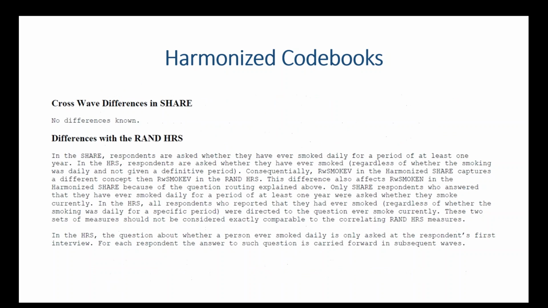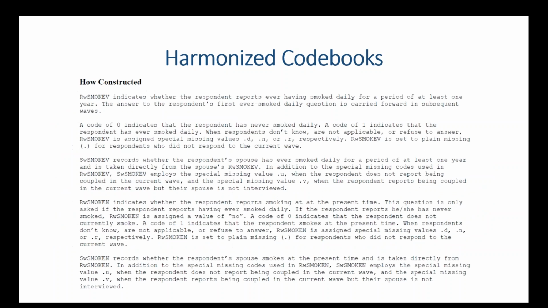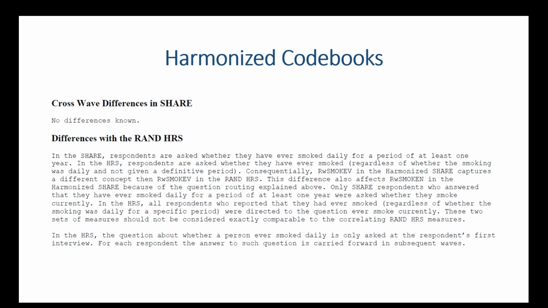because we think that they're really pretty comparable. If we didn't, we might have done smoke ev underscore e here to mean that it's ELSA, or underscore s for SHARE specific. But we thought they're pretty comparable. But it's really important to note what is being captured and if there are differences, right? Because the difference here is whether it was daily and not given a definitive period.